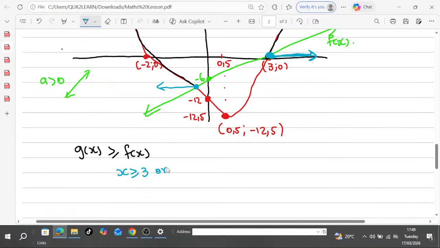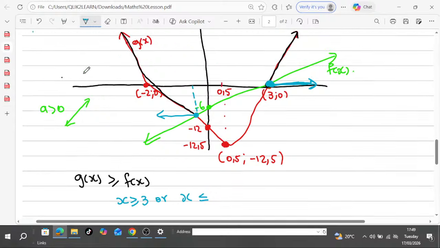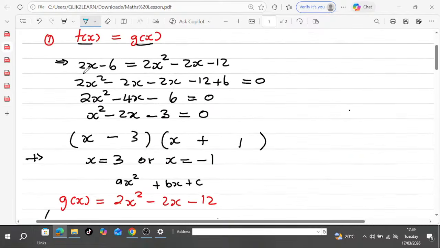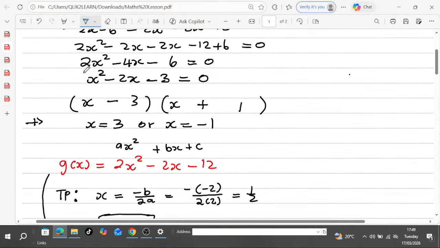And x must be less than or equal to, we need that point of intersection, which is what we calculated at first. Remember, we calculated the points of intersection to be -1 and 3.